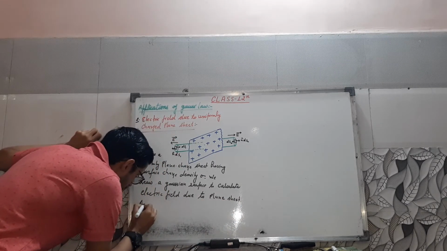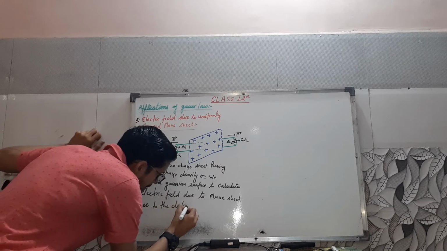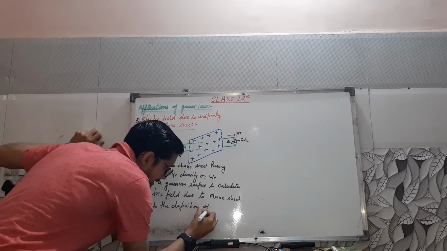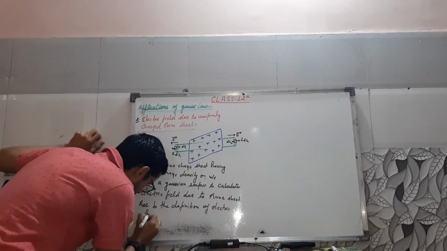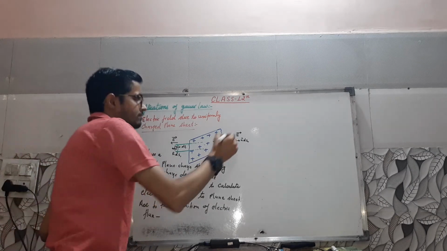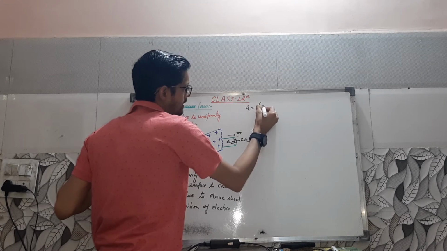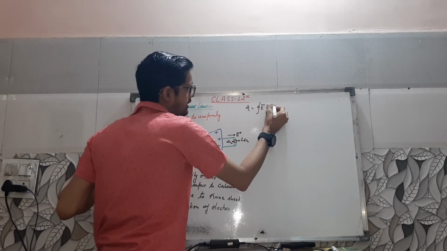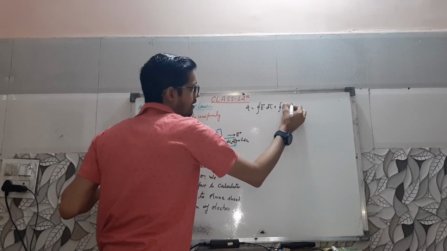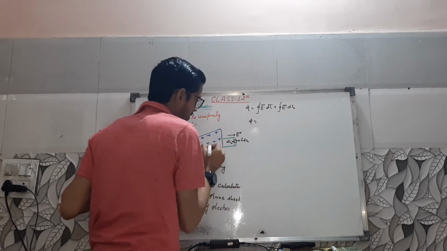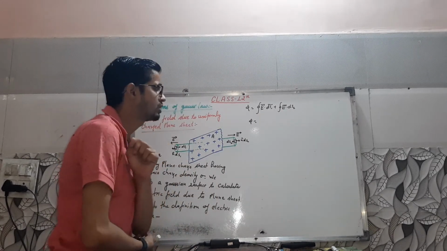Now according to the definition of electric flux, phi will be equal to integral E dot ds1 plus integral E dot ds2. Suppose A is the area of the plate or sheet.